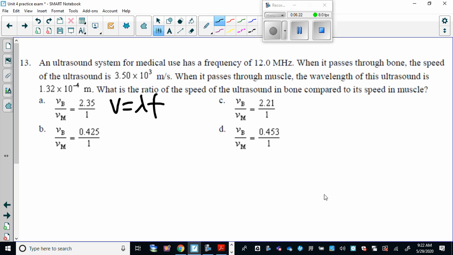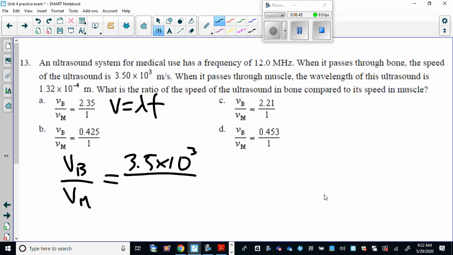We want the ratio of the speed in bone compared to the velocity in muscle. And it's given us the speed in bone, which is 3.5 times 10 to the 3. All we need to do is calculate the speed in muscle.